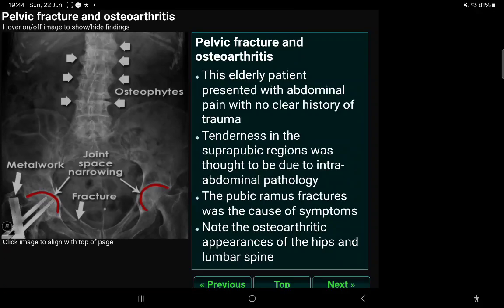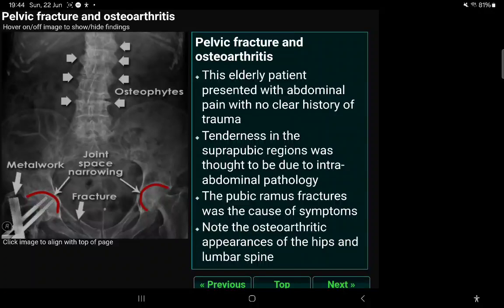This elderly patient presented with abdominal pain with no clear history of trauma. Tenderness in the suprapubic region was thought to be due to intra-abdominal pathology. The pubic ramus fracture was the cause of symptoms, not the osteoarthritic changes.